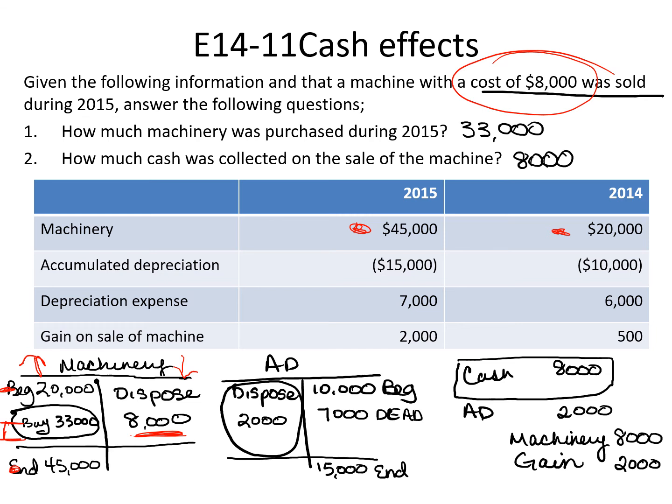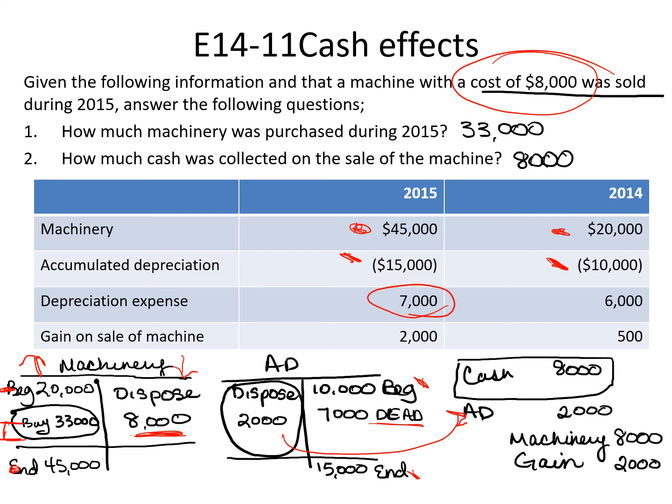Now, we also have to look at our accumulated depreciation, which started the year at 10, went to 15, and we know that the depreciation expense for the year was 7, that's right here, and we know then that the depreciation on what we disposed of has to be 2,000. So that's where that number comes from.